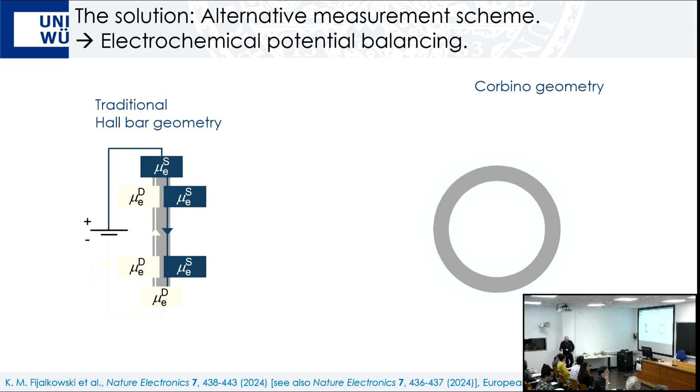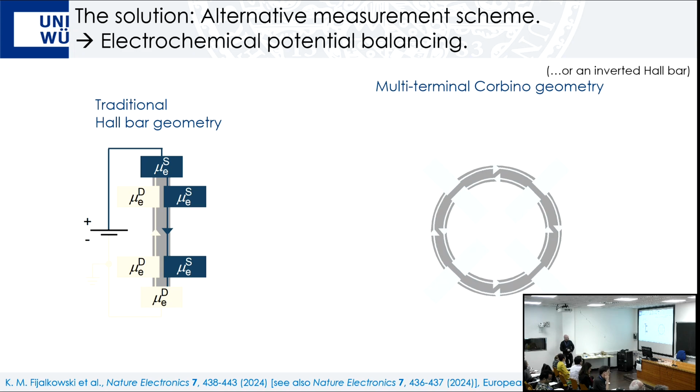So how can we combat that? One way would be to go away from a Hall bar and move to something which is closer to a Corbino geometry. So the traditional Corbino has a single inner contact, and then there's the material in between which you want to study, and then there's one outer contact. What we do instead, we have multiple contacts along each perimeter.